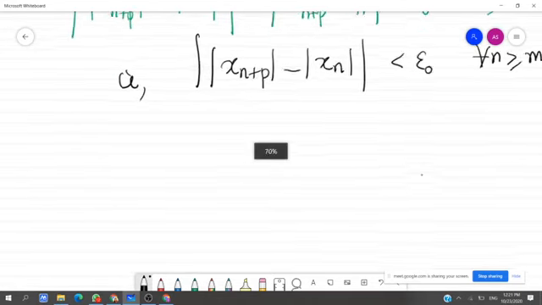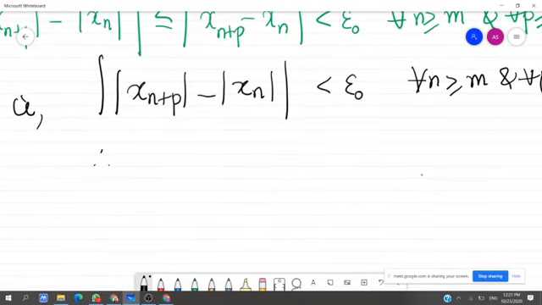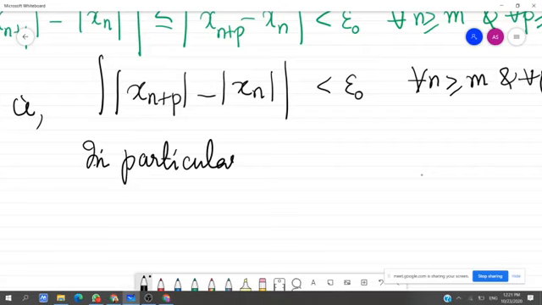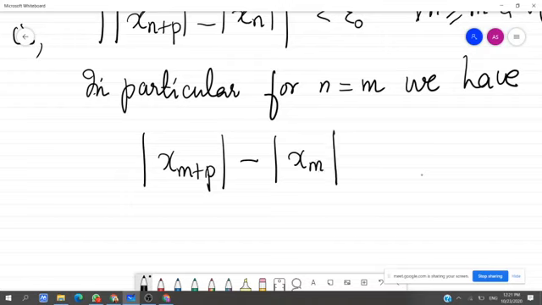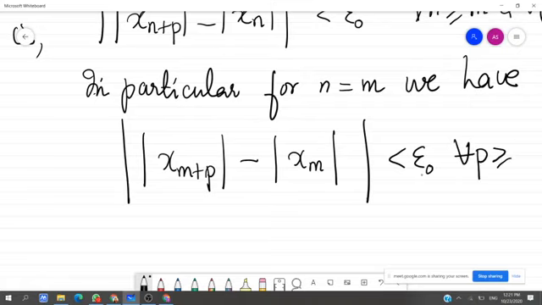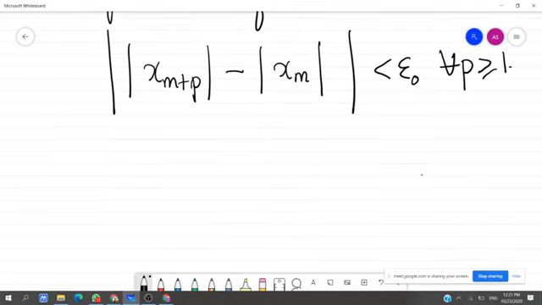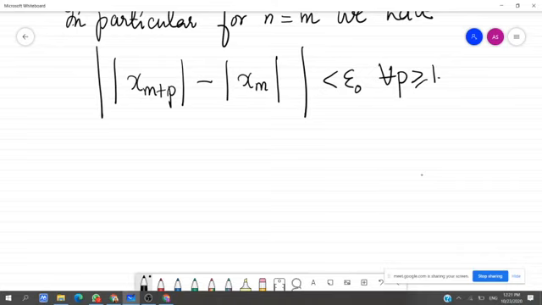In particular, for n equal to m, this inequality implies that modulus of xm plus p minus modulus of xm is less than epsilon naught for all p greater than or equal to 1. What does this inequality mean?